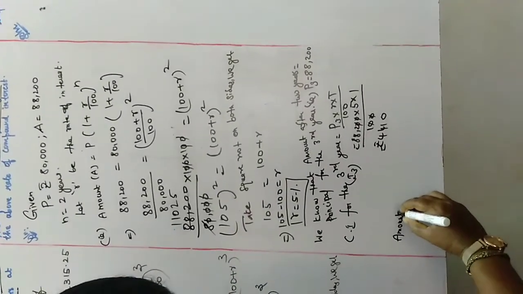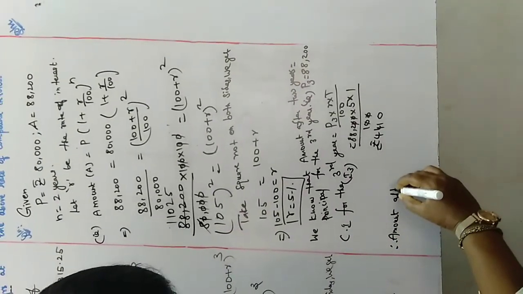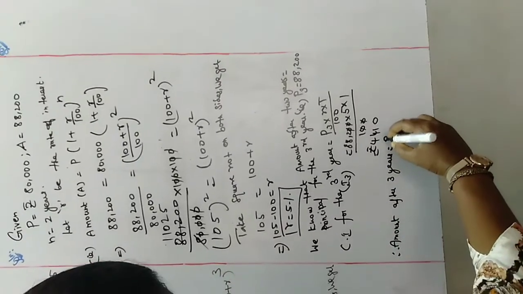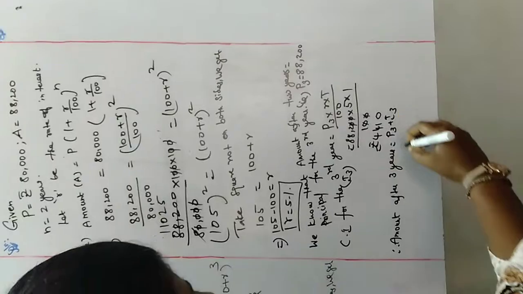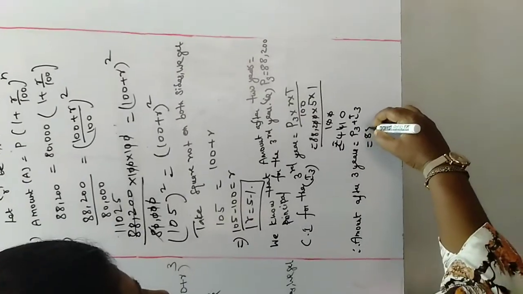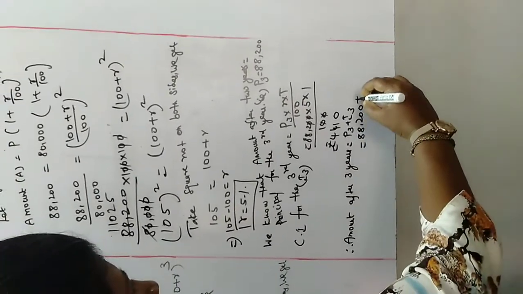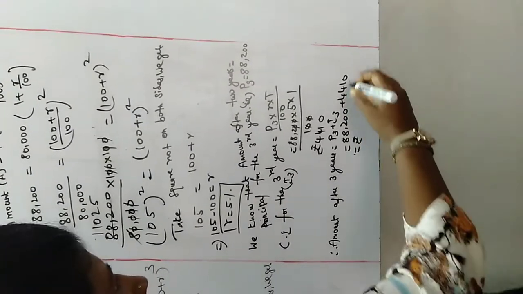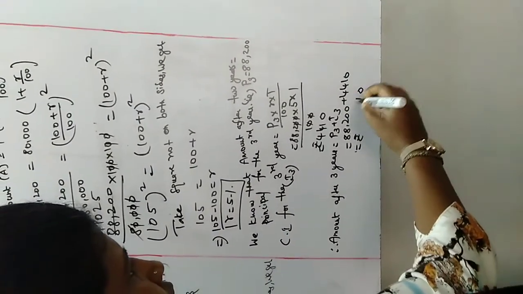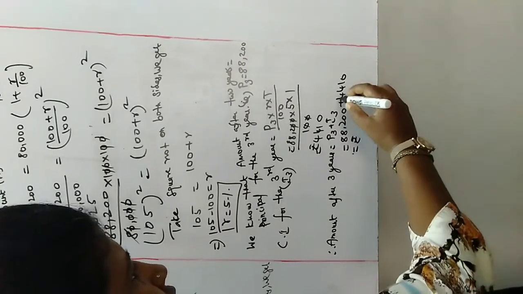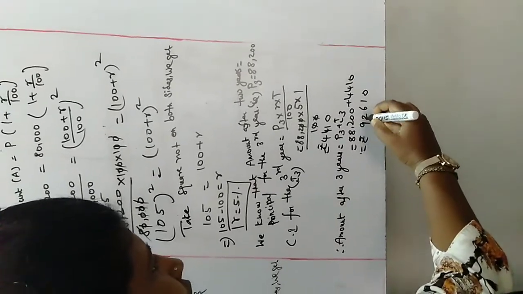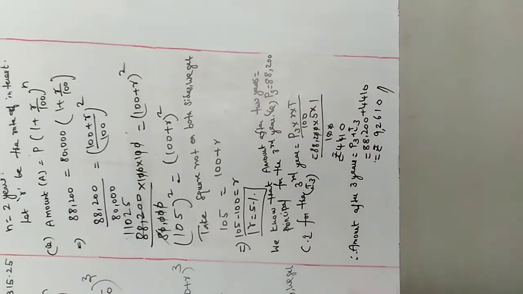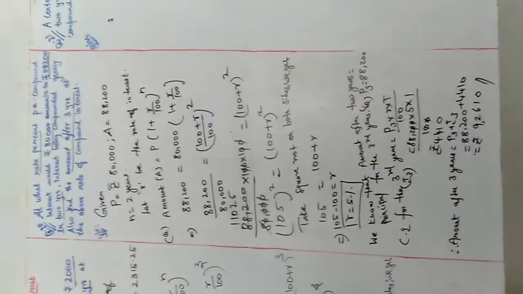Therefore the amount after 3 years equals P3 plus I3, which is 88,200 plus 4,410, which gives 92,610, the solution we are supposed to find for this question.